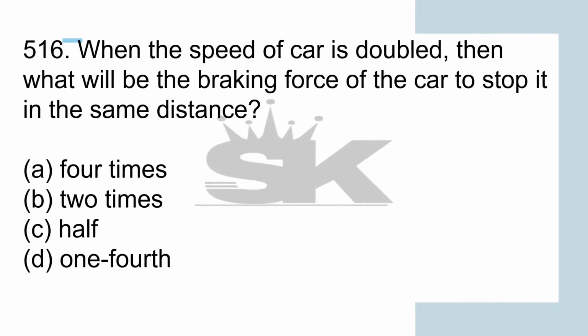When the speed of car is double, then what will be the braking force of the car to stop it in the same distance? The formula for kinetic energy, kinetic energy equals half of mass into velocity square, right?